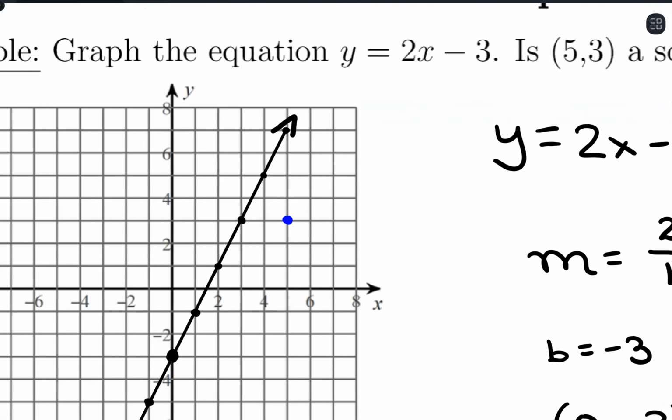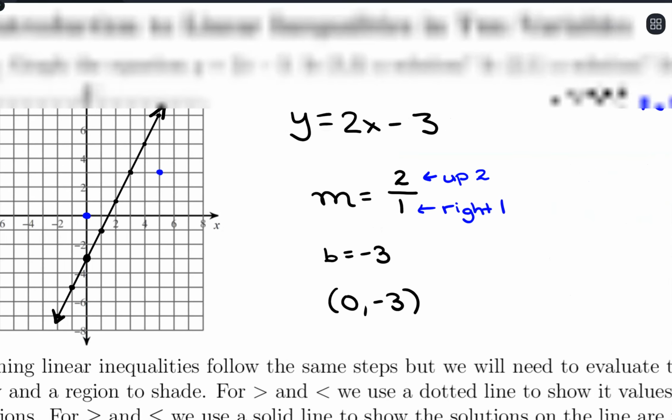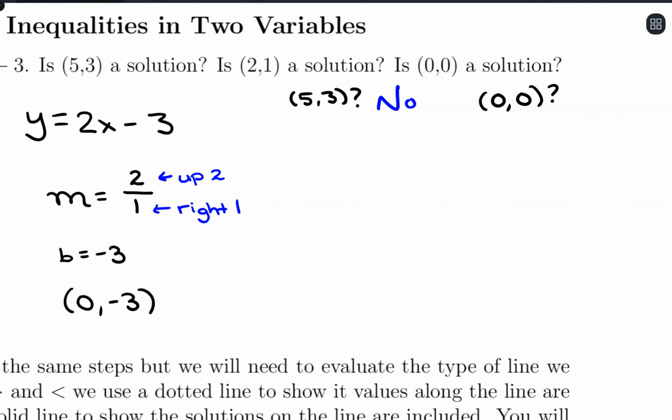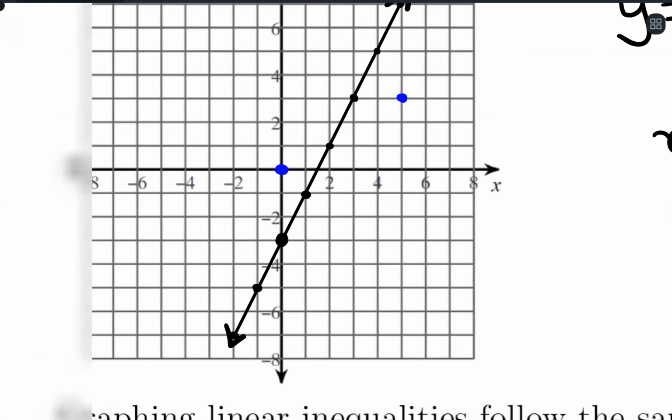Well, we'll go to our graph, and (0, 0) is not along the line, so that is also not a solution. So all of the coordinates that are not along the line are not solutions, and all of the points on the line, like (2, 1) would be a solution, (3, 3) would be a solution, all of those.